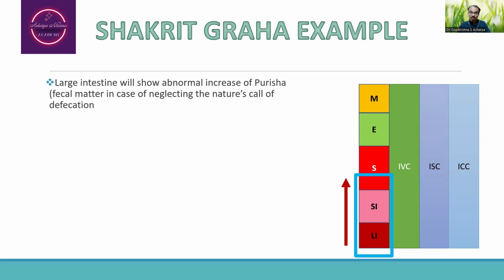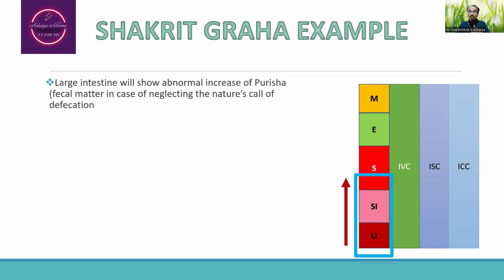proximal direction. In the sense, if the person is continuously suppressing the urge of defecation, the undigested food residue that becomes solidified in the sigmoid colon may then become solidified in the descending colon. In that way, the reverse movement of the fecal matter is going to happen.